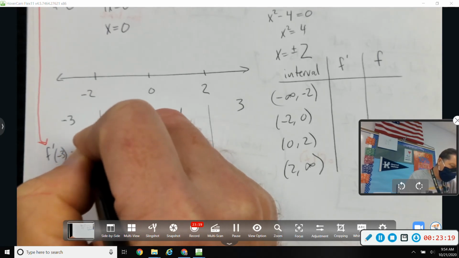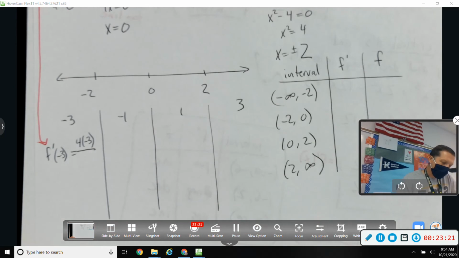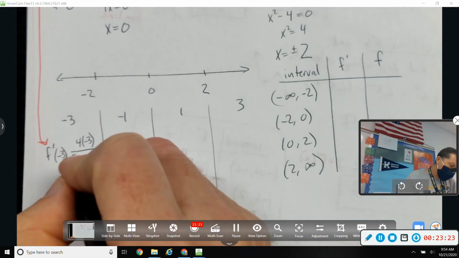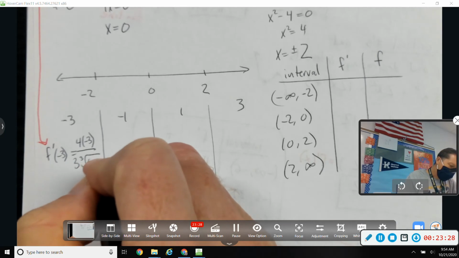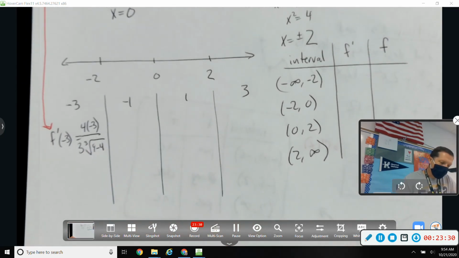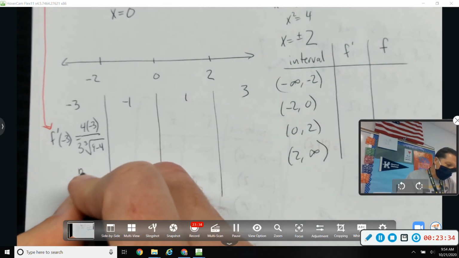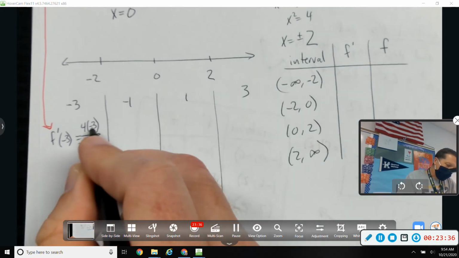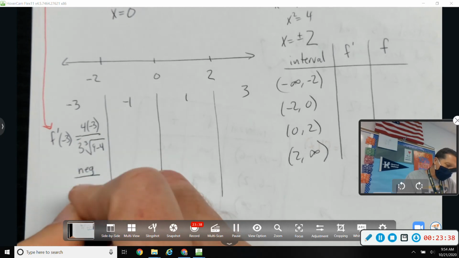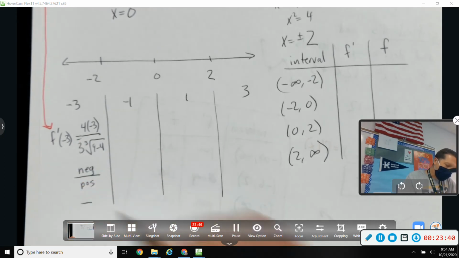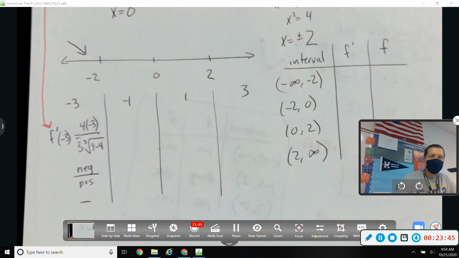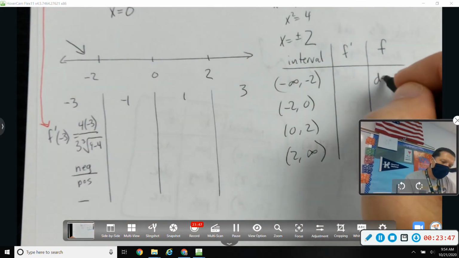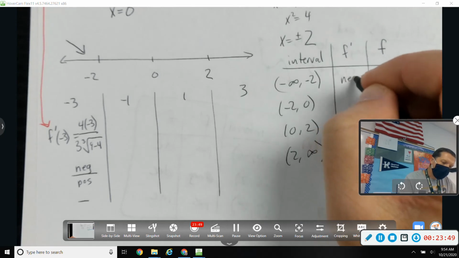I'll show a little bit of work on the first one. So 4 times -3 over 3 times the cube root of 9 minus 4. But I don't really care about the values. I care about pluses and minuses. So that's negative over positive. So that's negative. That means my function is decreasing there, because f prime is negative.